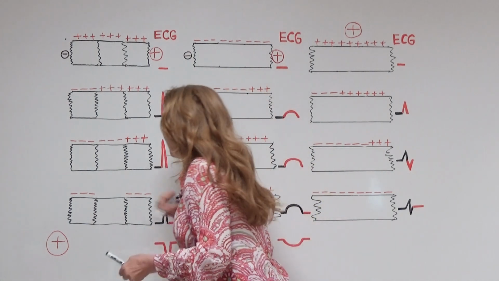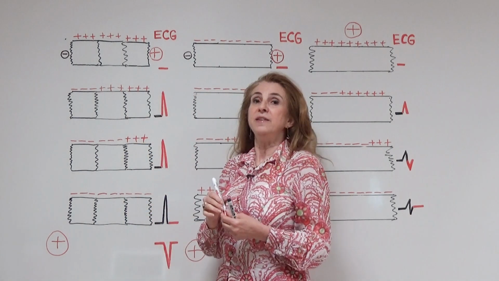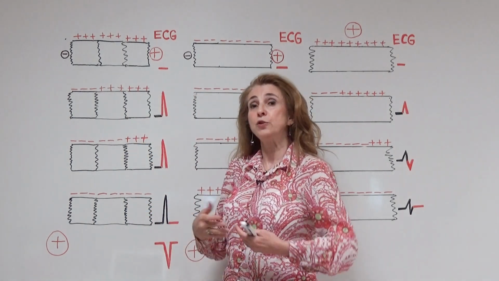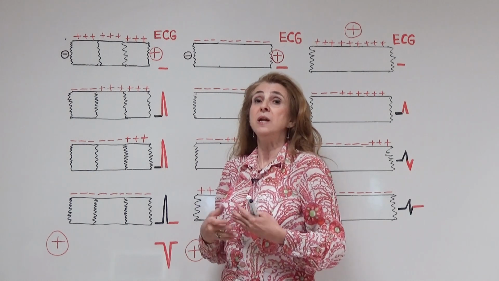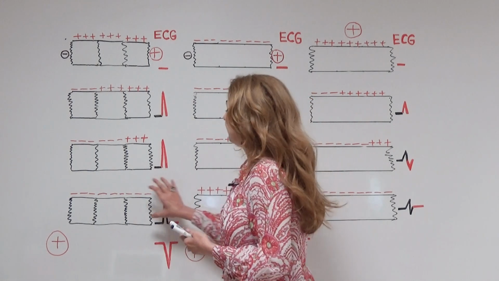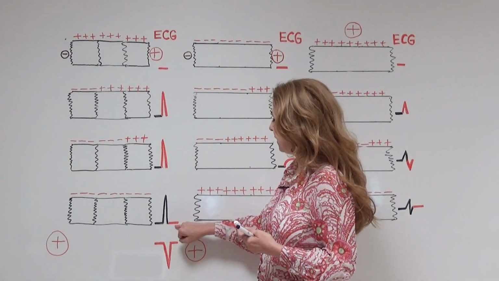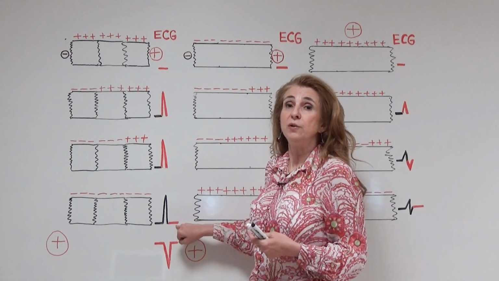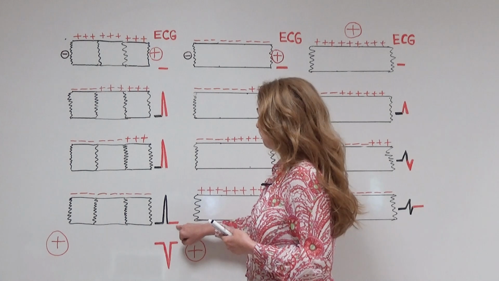positive wave. And when all of the areas are depolarized, the outer surfaces of all of the cells in these areas will be negatively charged, and there will be no dipole, and electrocardiography, as you see here in red, is going to record nothing. Isoelectric line.